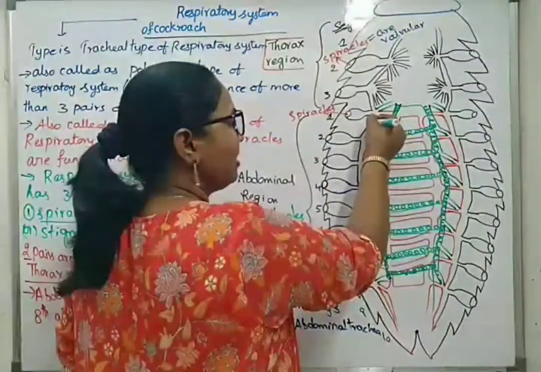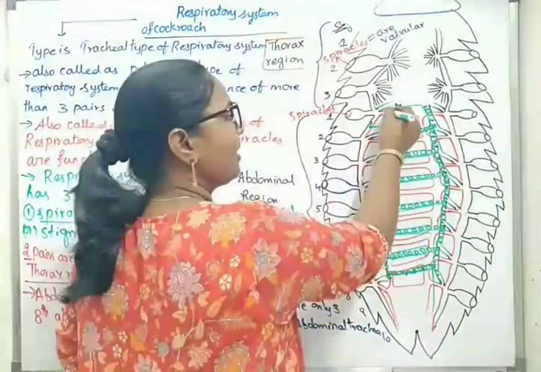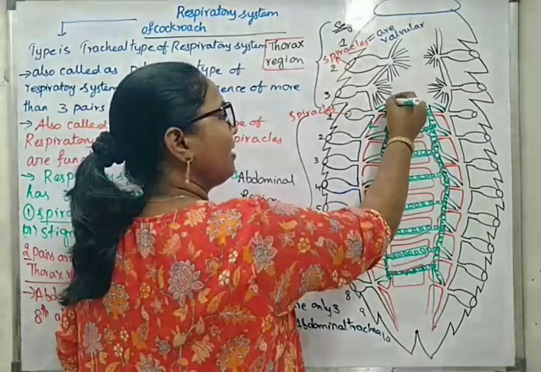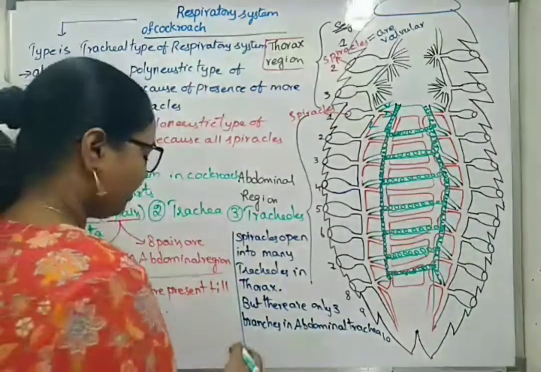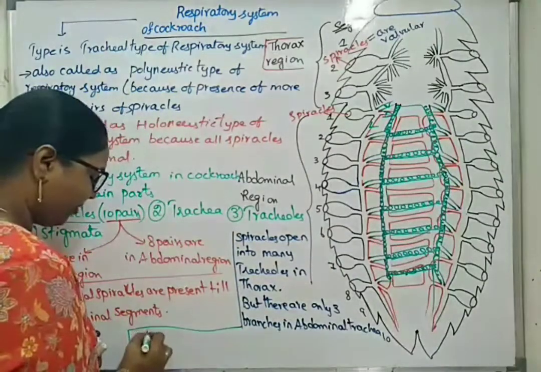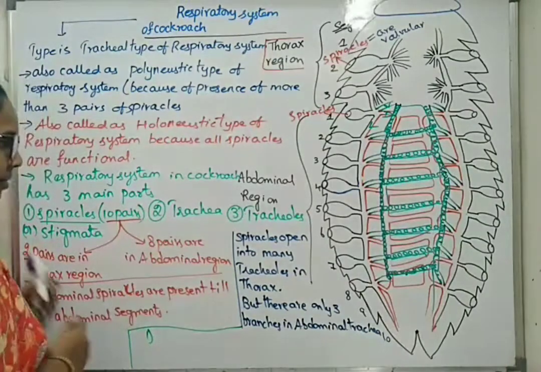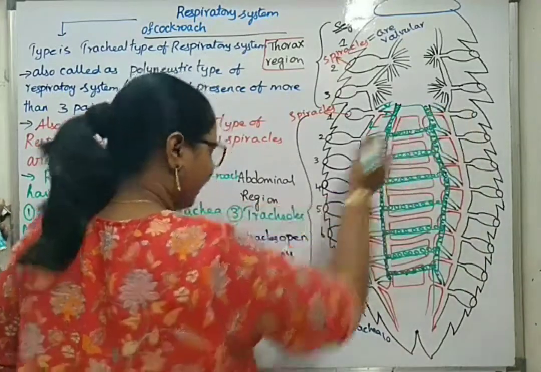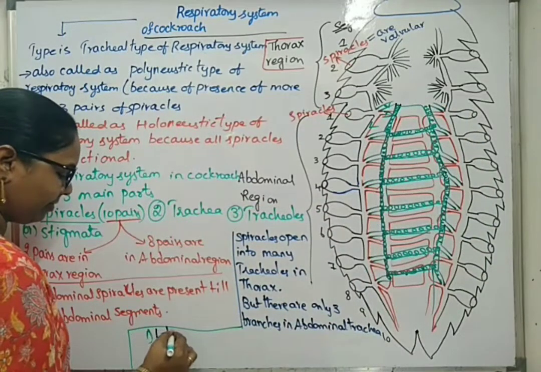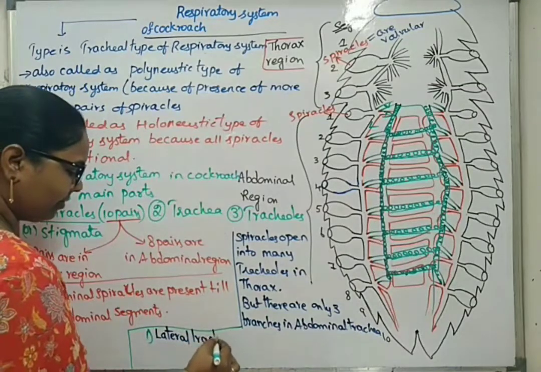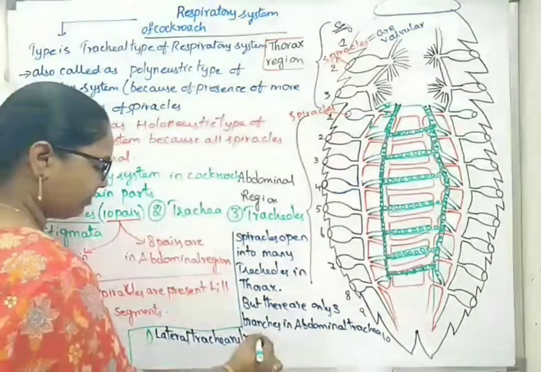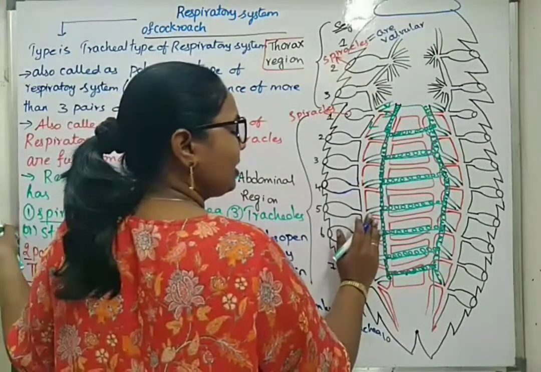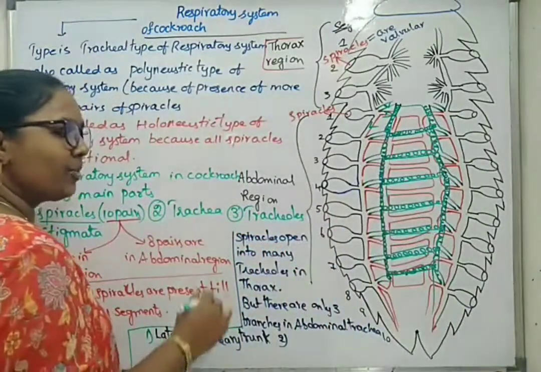So we can say this is lateral. This red color one we will differentiate: dorsal tracheary trunk, and this is ventral tracheary trunk. We'll write those names. First one, this long one is the lateral tracheary trunk. Second one is disposed to the dorsal side of the body just below the tergum.